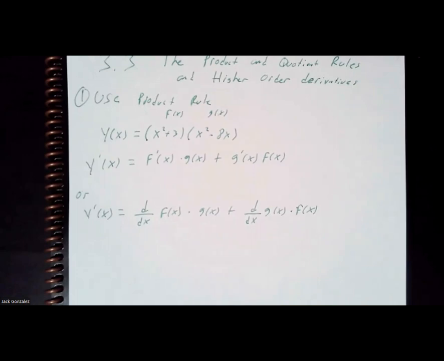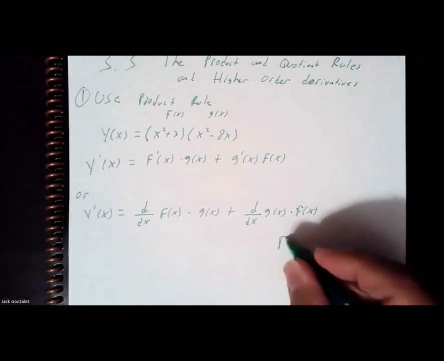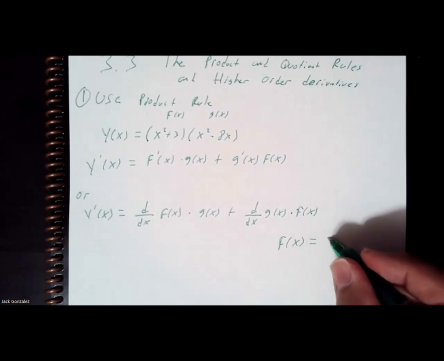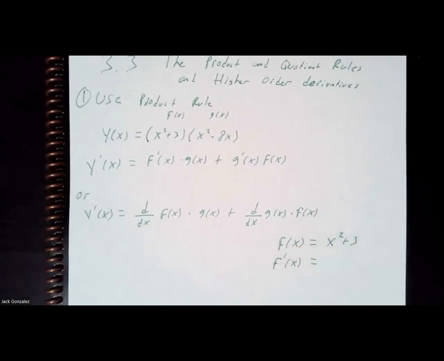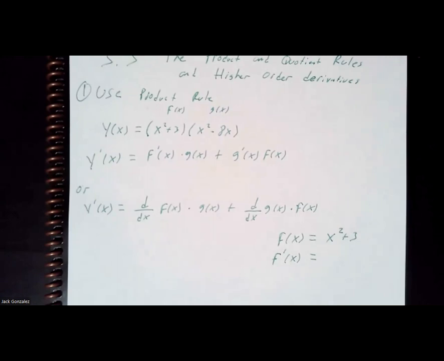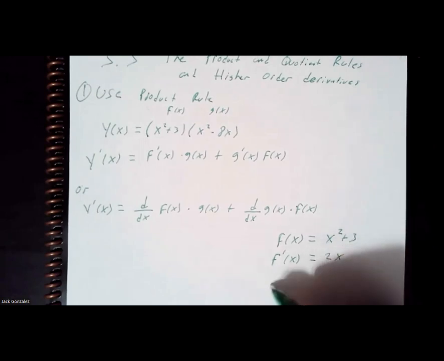So what you can do for this question is write down what f is, just to stay organized. f of x is this first piece. So what is the derivative of f? Yeah, just 2x. And then do the g.